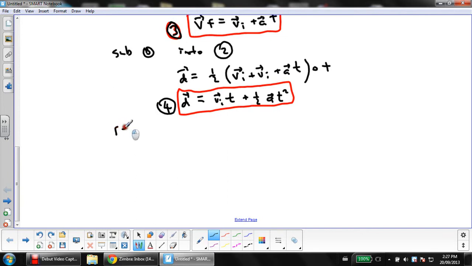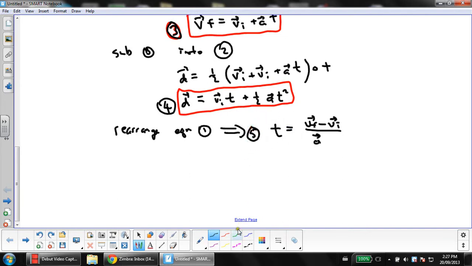Now if I rearrange equation 1 from way up there at the top, I'm going to solve it for T. T equals VF minus VI over A. I'm going to call this equation number 5.